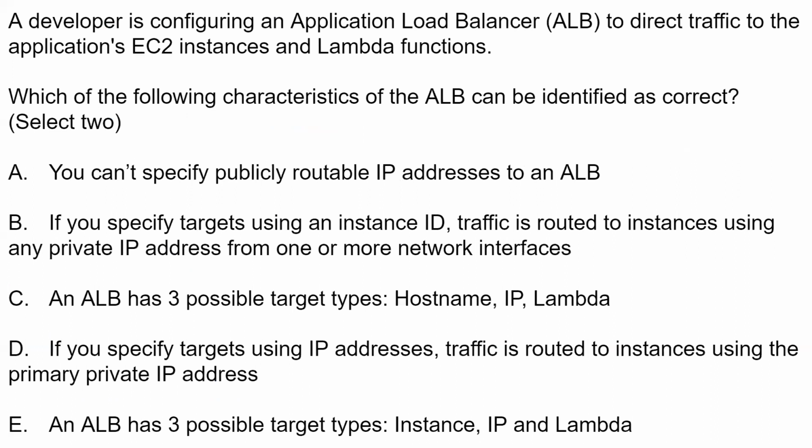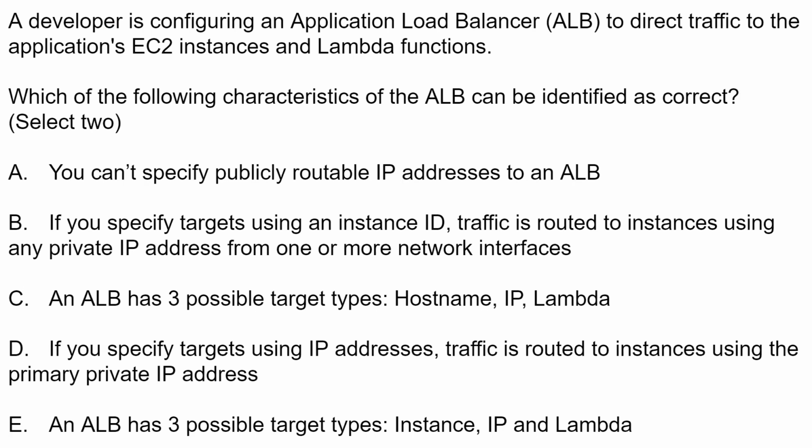A developer is configuring an application load balancer to direct traffic to the application's EC2 instances and Lambda functions. Which of the following characteristics of the ALB can be identified as correct? Select 2. A, you can't specify publicly routable IP addresses to an ALB.